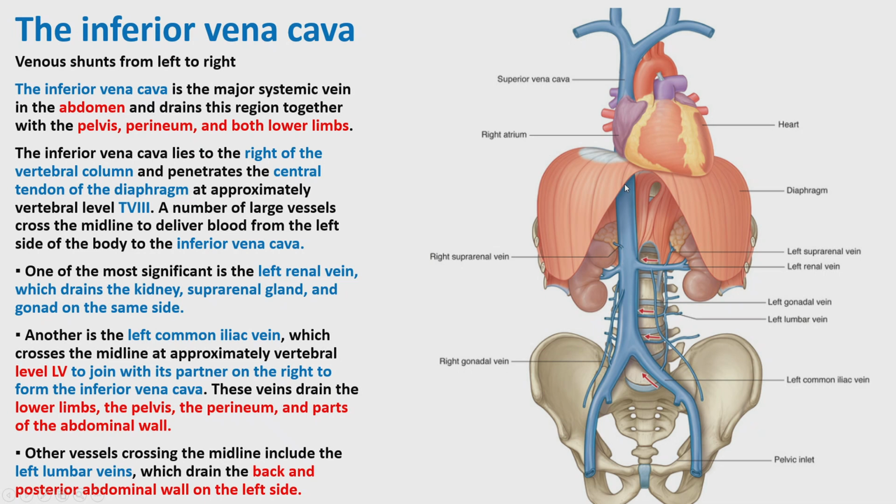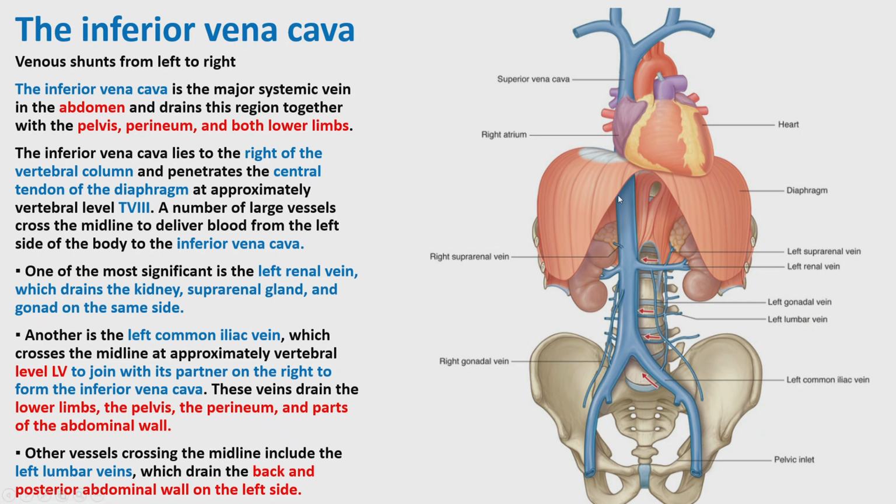This inferior vena cava goes upward in the retroperitoneal space and pierces the central tendon of the diaphragm at the foramen of the inferior vena cava, which is approximately at the level of T8, and then it enters the right atrium.